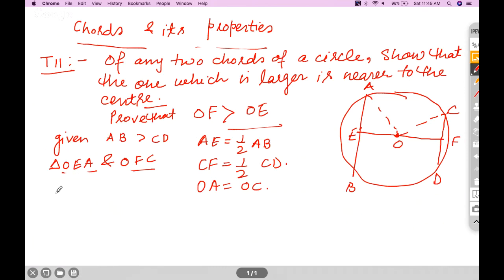Here OE square plus AE square is equal to OA square. And on the other side, in OFC, OF square plus FC square is equal to OC square.